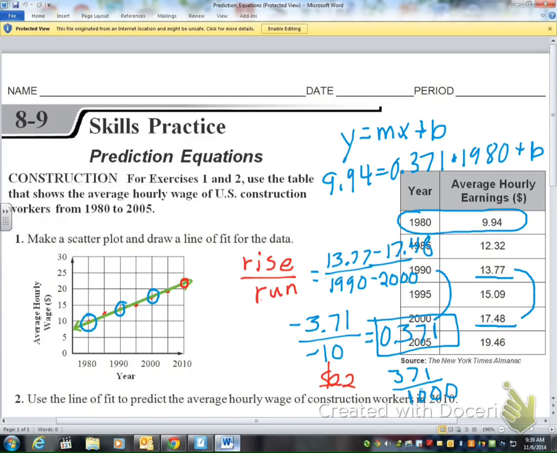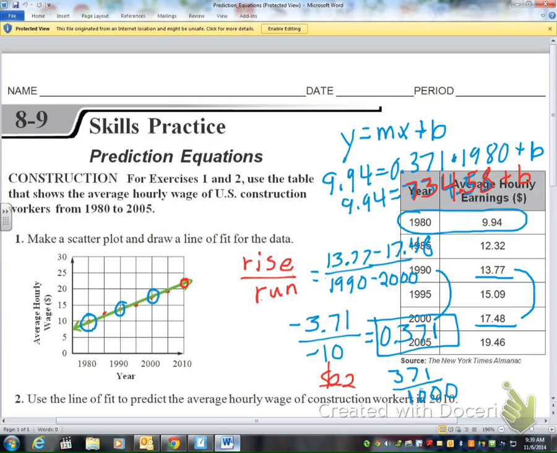So I get 9.94 equals 734.58. And let's switch to a different color, it's more visible. Let's switch to red. So 734.58, and then from here, that's plus b.